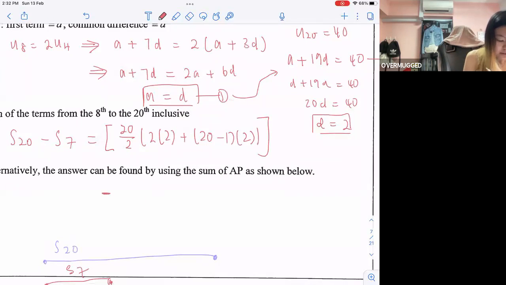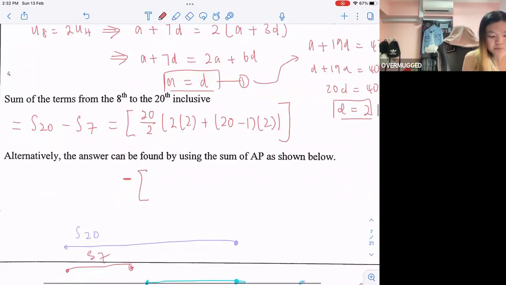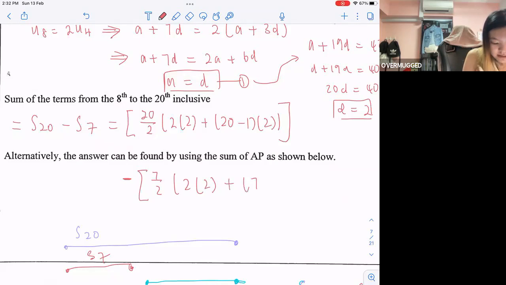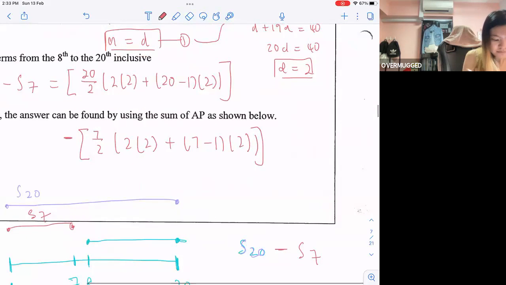I will minus off my S7, which will be 7 over 2 times (2 times 2 plus 7 minus 1 times D).